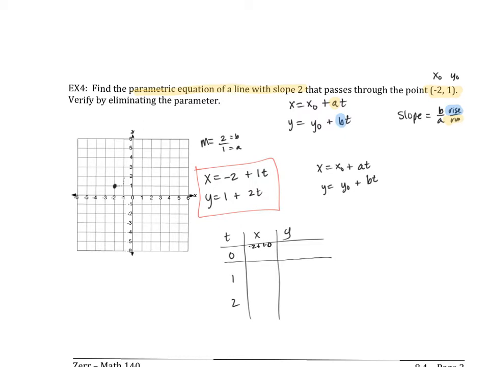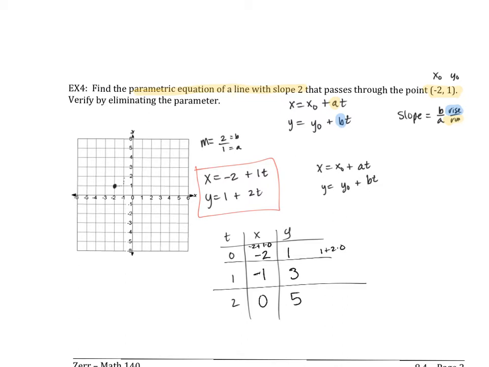So that would be -2. Y is 1 plus 2 times 0, so that is 1. All right, at a t of 1, we have x is -2 plus 1, so that is -1. Y is 1 plus 2t, so 1 plus 2 times 1, that would be 3. And then plugging these in, we would get 0 and 5.